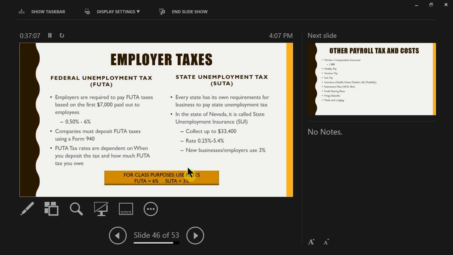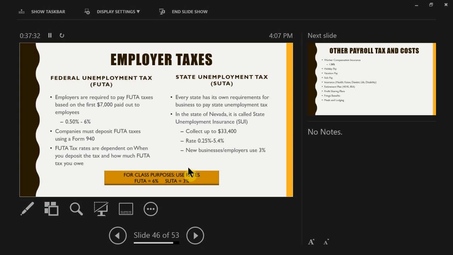In the state of Nevada, it's also known as the state unemployment insurance. In this case, I call it SUTA, same thing. The State Unemployment Tax Act or state unemployment insurance, they all are the same, depending on what state you belong to, but the general idea is it's state unemployment.